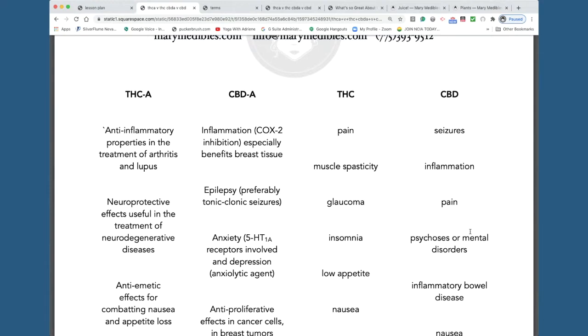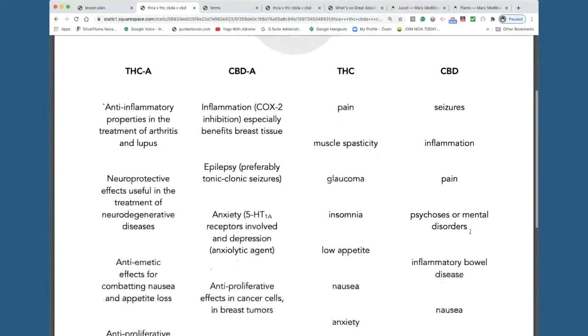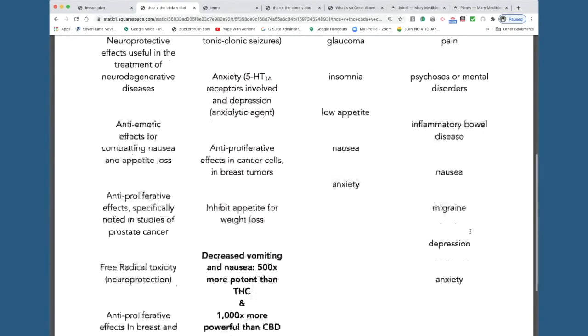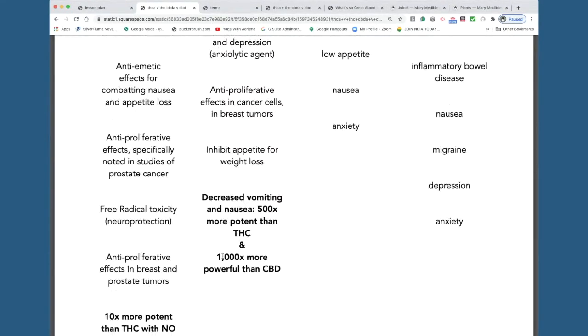CBDA and CBD are shown to handle some of the same things, but the reason you would want CBDA over CBD is because it's so much more powerful, 1,000 times more powerful than CBD.